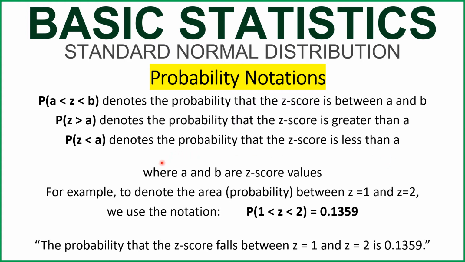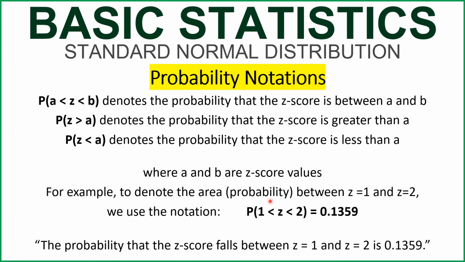So, ano nga ba yung A and B dito? A and B are the z-score values. Alam naman natin kung ano yung mga z-score values, right? Yung sa baba ng bell curve. Yung baseline natin. Nasabi ko na sa previous slide.